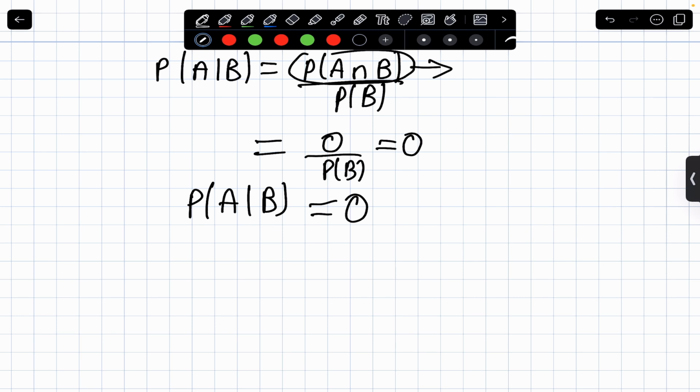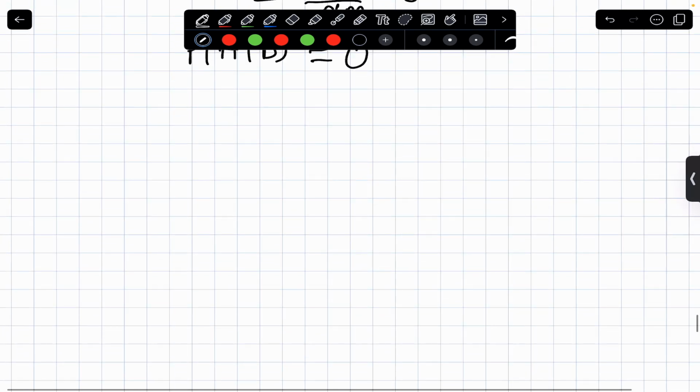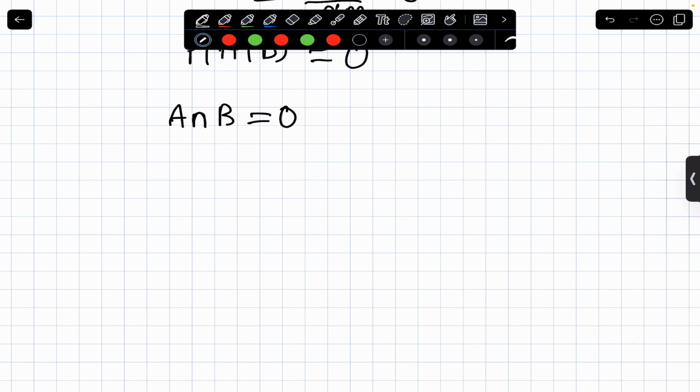Now, how do we use mutually exclusive events with the addition and multiplication rules? Where do we use them? In mutually exclusive events, we know that the intersection between events A and B is zero. So we use the addition rule here.